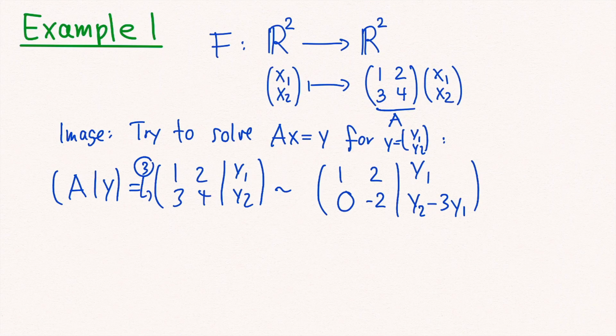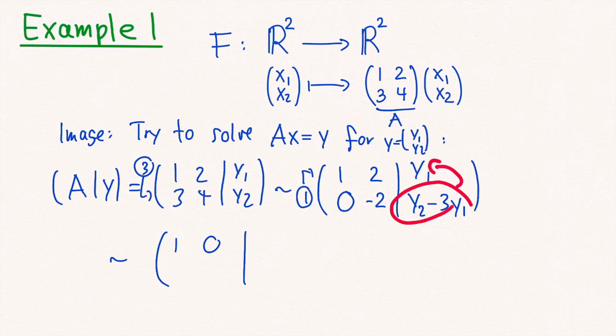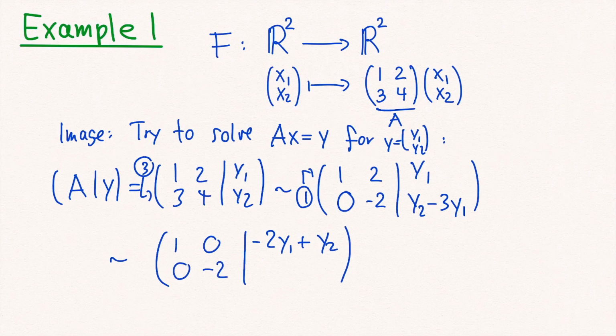And then what we can do is, for example, add this row to the first row. Then we see we have 1, 0. And now we are adding this stuff there, so we get minus 2y1 plus y2. And here we still have this.